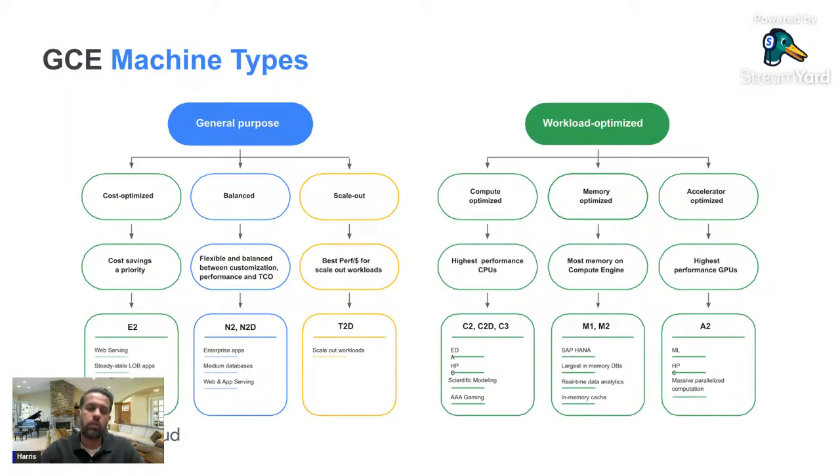Then it is categorized into two categories. One is general purpose, for applications that are very general purpose. There are a lot of commonalities between applications today, so if there are no special requirements, I think general purpose is the way to go. The other ones are workload optimized.